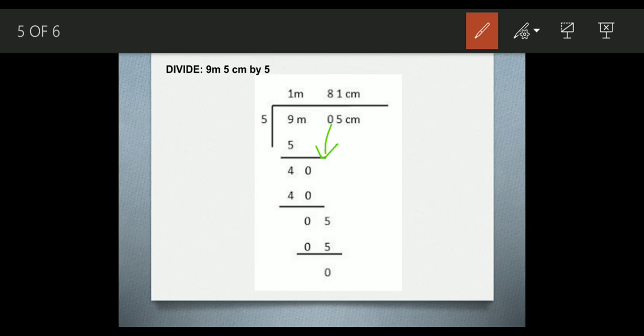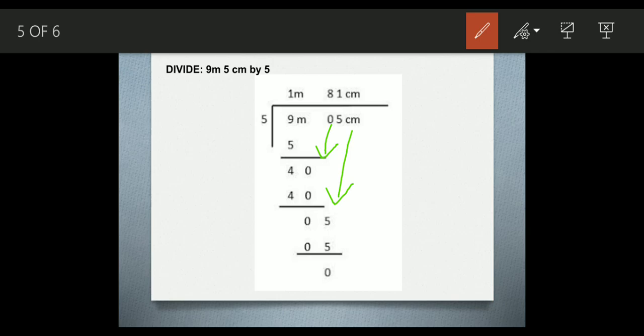So I will write 8 at the top and 40 at the bottom. 40 minus 40, what will I get? 0. Now bring the next number down. What is the next number? 5. How many 5s are 5? 1 time. So I have written 1 at the top and 5 at the bottom. When I subtract, my answer will be 0. So what is my answer? 1 meter and 81 centimeter.